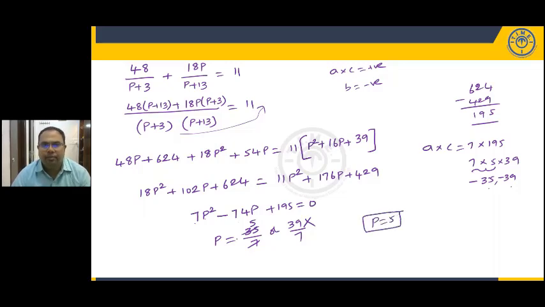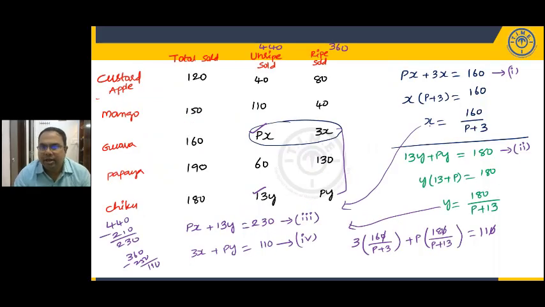So when we got P value 5, now go back and substitute. If P value is 5, now see here, how much is the x value? I will write with the red pen. 160 by (P value is 5, now 5 plus 3) 8, so this has to be 20. 180 by (P value is 5, plus 13) 18, so the y value has to be 10. Now friends, this is Px.